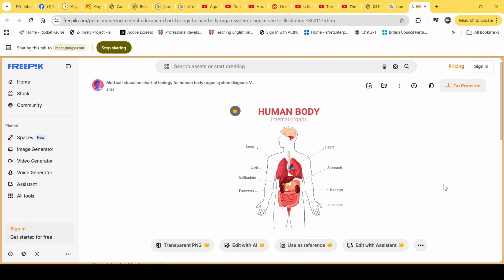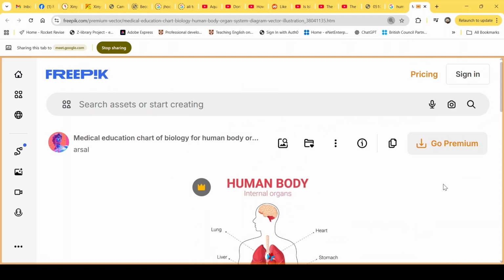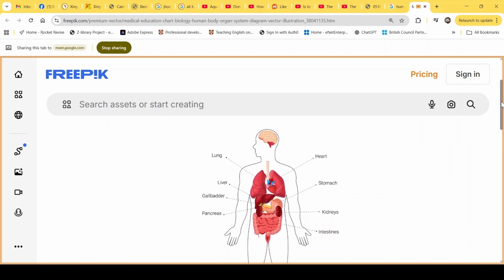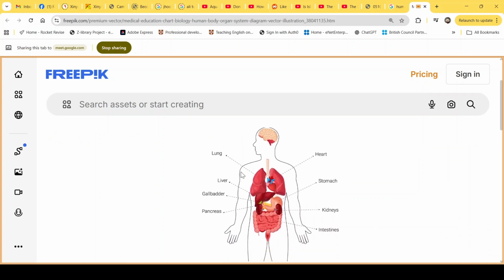You've got the brain up there, you've got the lungs, the heart between the lungs, the liver underneath the lungs, and the diaphragm in between, which they aren't showing. That's the muscular layer separating the chest from the abdomen.